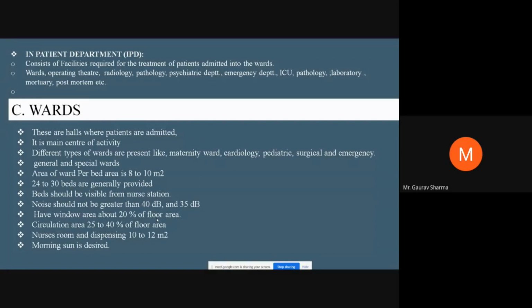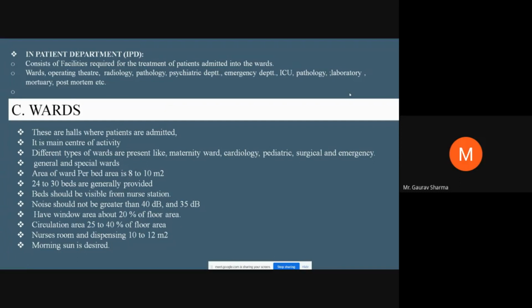The first facility is the wards themselves, then the operating theater, radiology, pathology, psychiatric department, emergency department, ICU, that is your intensive care unit, laboratory, mortuary, postmortem room, etc. So these are all the facilities to be provided with respect to this inpatient department.